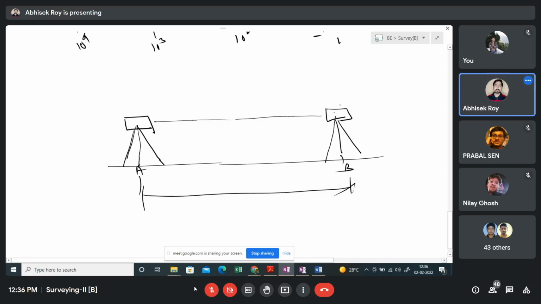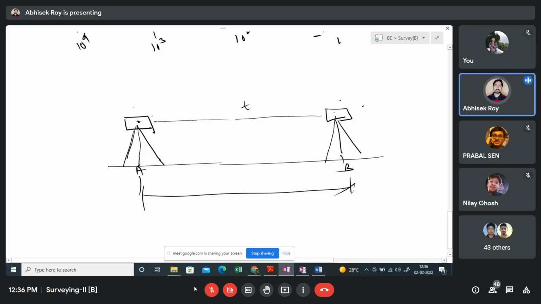Now, when the transmitter is generating the wave, if any stopwatch or any time measurement device is started at that point of time, and this transit time, that means the electromagnetic wave transiting from point A to point B, if B is able to measure this time, how can it measure?